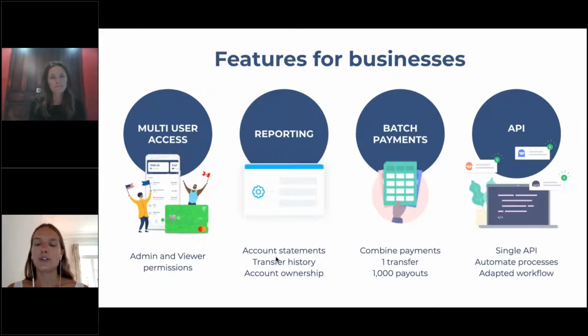And then we have 2 types of features that allow you to automate some of your payments. So batch payments is a CSV file upload where you're able to combine different payments. So you can pay individuals and businesses, and either make domestic or cross-currency payments, as long as the source currency, so the currency that you will pay all of these payments with, is the same.